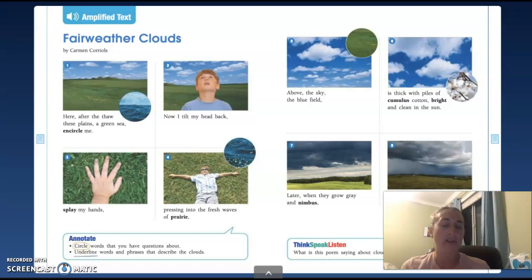You know how he's saying that the prairie is a green sea and the clouds are cumulus cotton. You know, he's comparing two different things and saying that they're the same. So think about different metaphors that you can be using at home with Mom and Dad. And then tomorrow we'll come back and we'll read the full poem and complete the last activities we have.